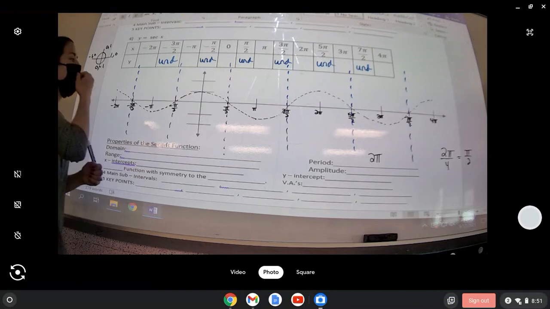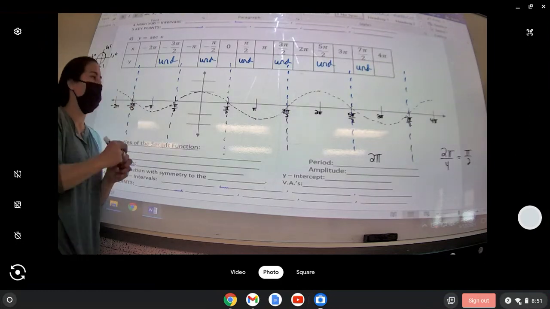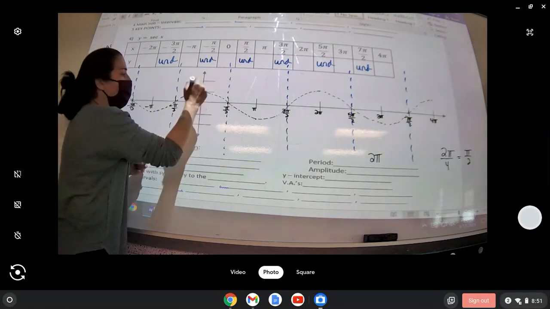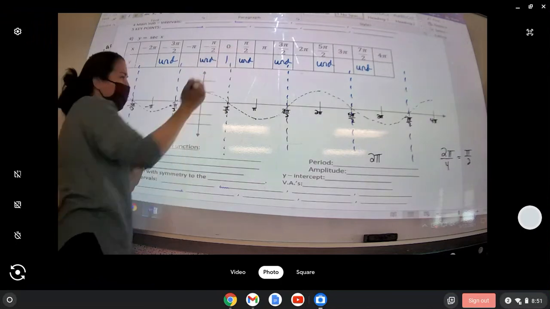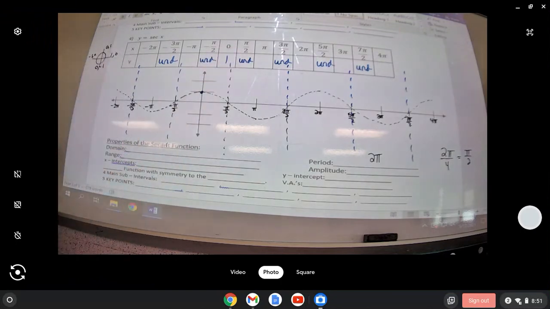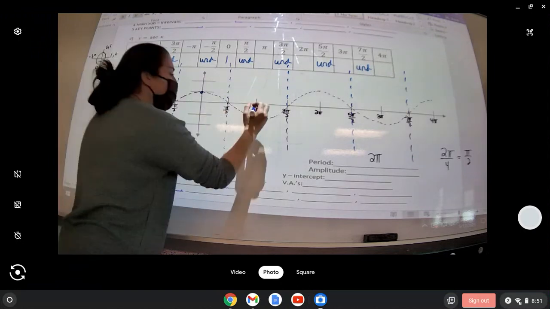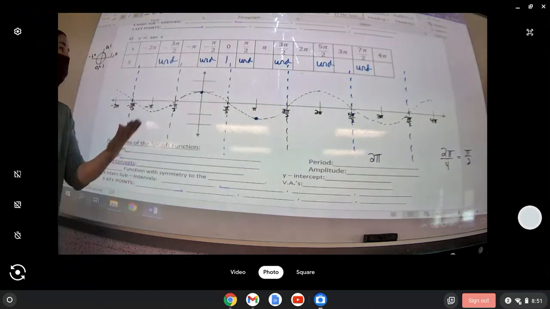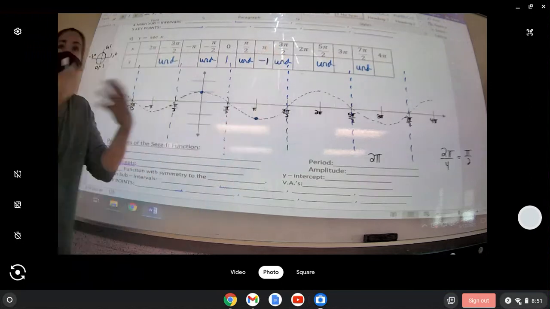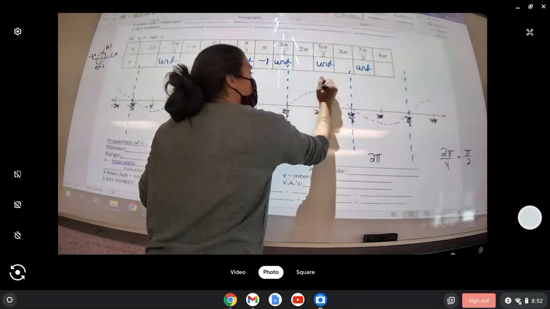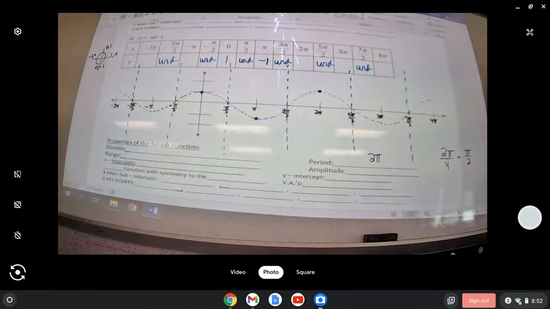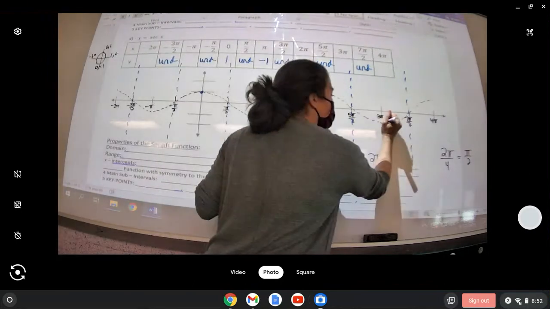All right, so now, any of your ones or negative ones, right? I had the point 0, 1. So when I reciprocate 1, it's still 1. So that'll still be a point on the secant curve. All right, pi, -1, right? -1 has a reciprocal of -1. So that's still going to be a point on the secant graph. 2 pi, 1. The reciprocal of 1 is 1. So that's still going to be a point on the secant graph. 3 pi, -1.